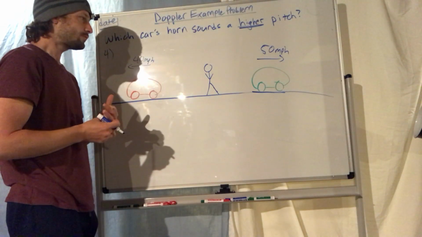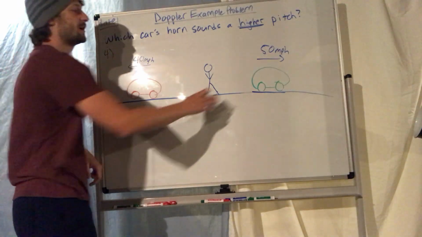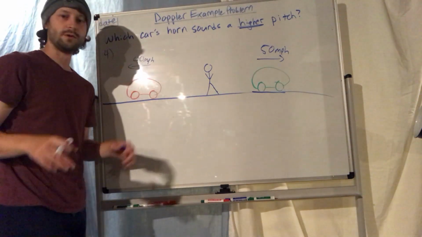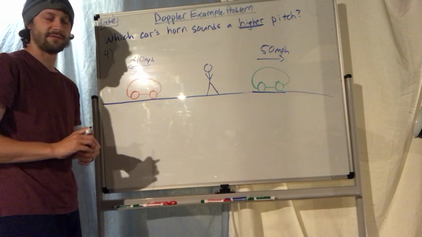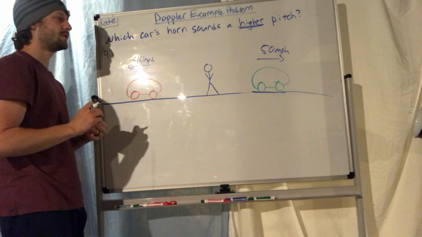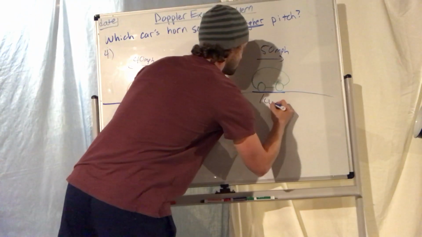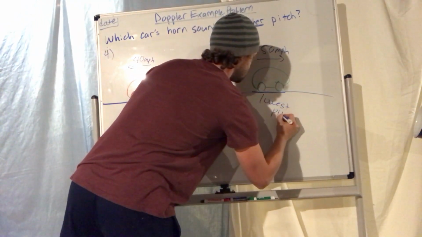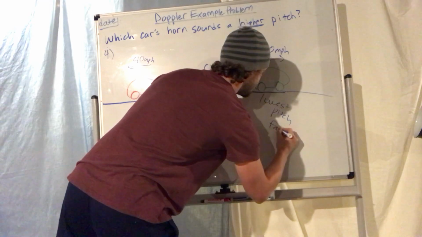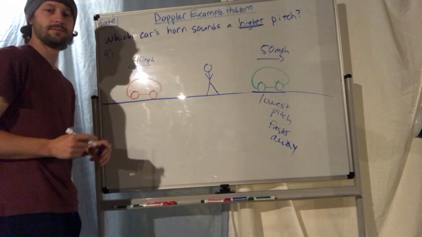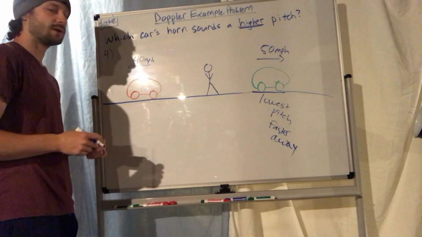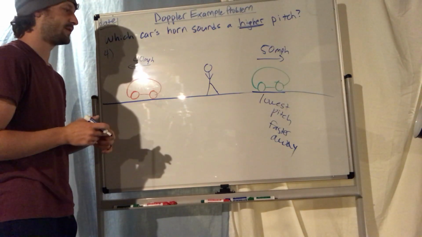So 50 miles per hour away from the person would lower the pitch even more than 40 miles per hour away from the person. So this is the lowest pitch because it's faster away from the person. Write that down: the pitch gets super low for green because it's going faster away from the person.